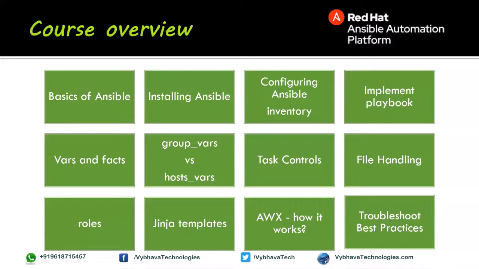Okay, so when you're working with Jinja, you use some format. In that format, if you write the variable, that value will be automatically replaced, and then at runtime the value will be used in the playbook. So that is called a Jinja template. When you are working with Jinja templates, you can also use some loops and controls.